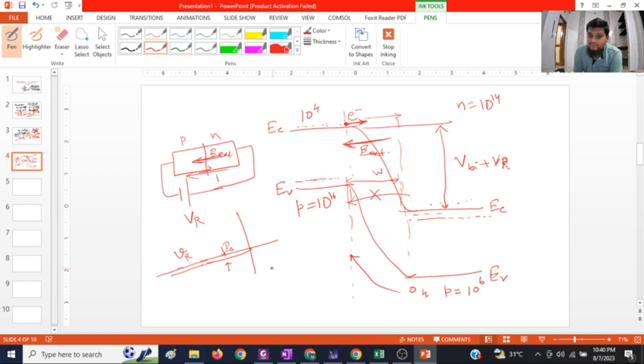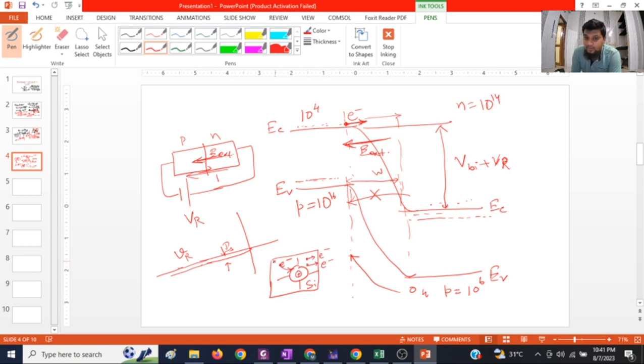That is called impact ionization. This accelerating electron will knock out some lattice atom, so that is called impact ionization. What will happen is that one bond will be broken, and after this two electrons will be created.